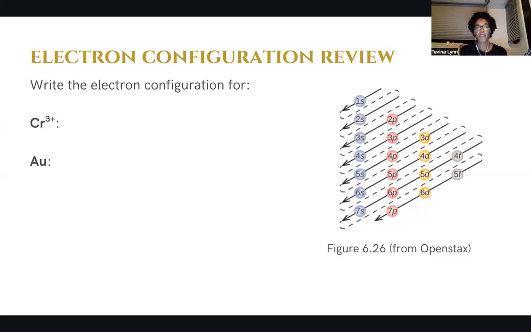Now with chromium, because it's 3 plus, that means that it has 3 fewer electrons than chromium in its neutral state. So once you write the electron configuration for neutral chromium, then you're going to subtract 3.